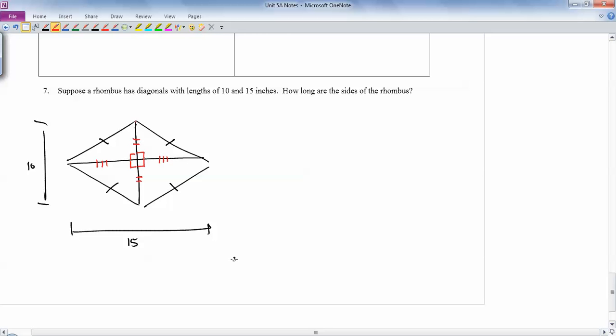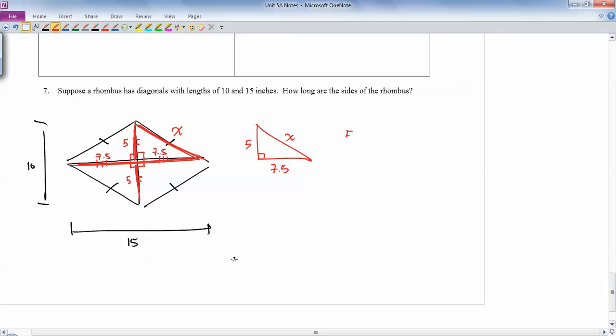Well, if this equals this and the total's 10, then they've got to be 5 and 5. And then similarly, since the whole thing going across here is 15, it's going to be 7.5 here and 7.5 there. And the goal is to get one of the sides, because all 4 sides are the same. So if I call that x, let's take a look at one of those triangles by itself. It's 5, 7.5, and x.